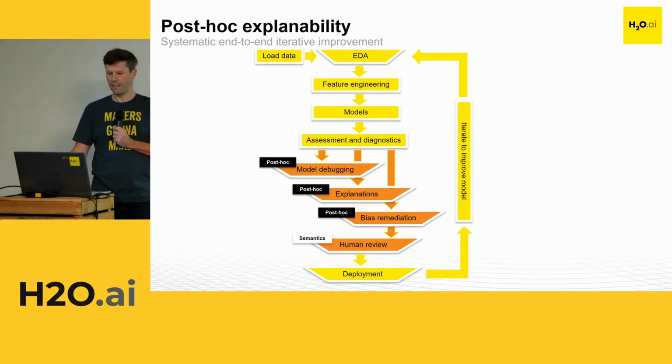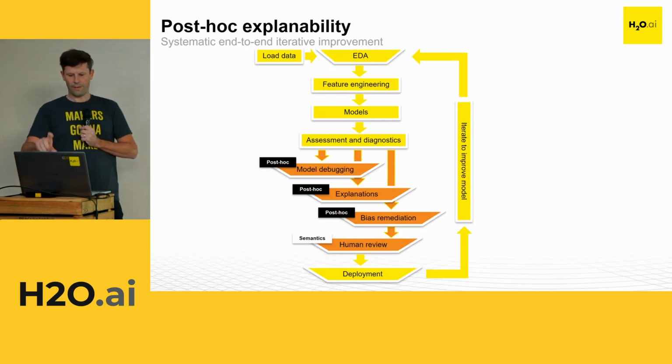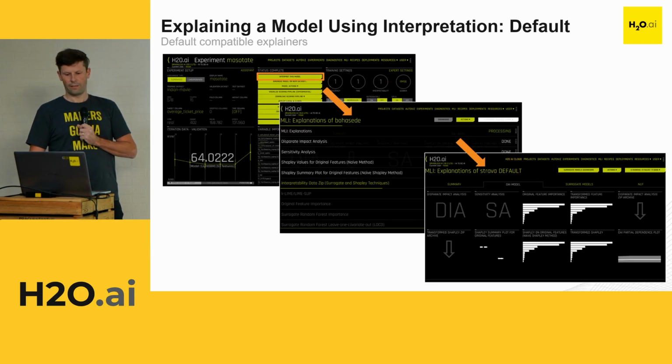So how does that fit into this big picture? This is the post-hoc part, basically. This is the part where you, as a human, have tools, you get some kind of metrics, methods, and explanations, and you are trying to decide whether that model works as expected.